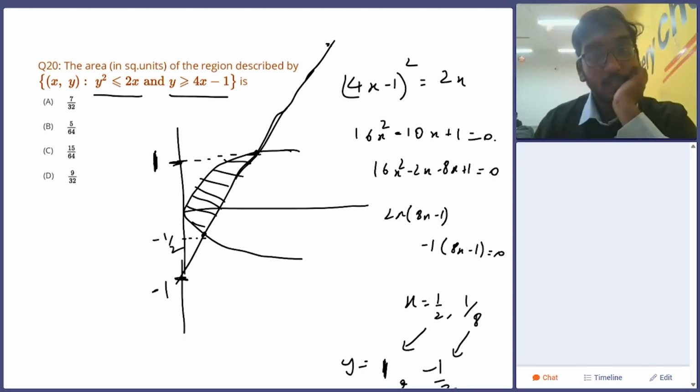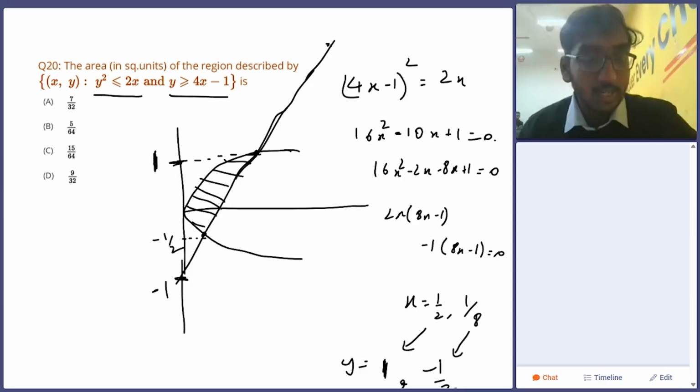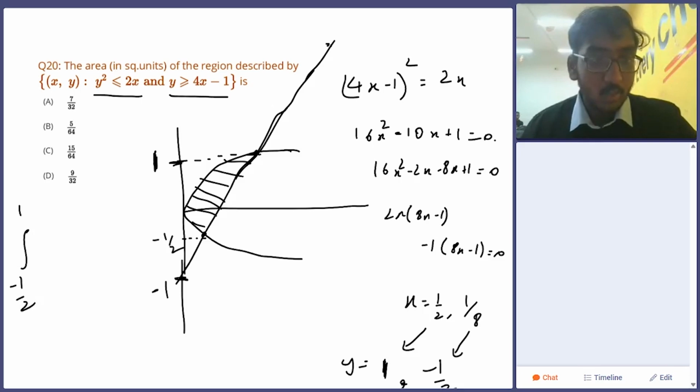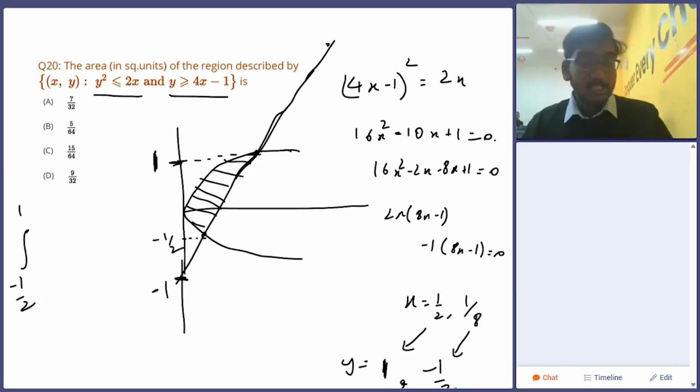It will be the area between minus half to 1, the area bounded by this straight line along the y-axis, minus the area bounded by the parabola, right, that will be the required area. So it will be what? Integral minus 1 by 2 to 1. What will be the area bounded by the straight line?